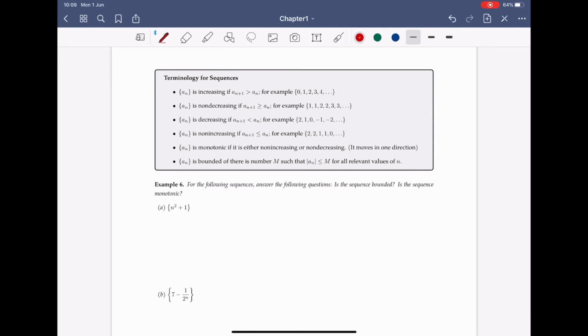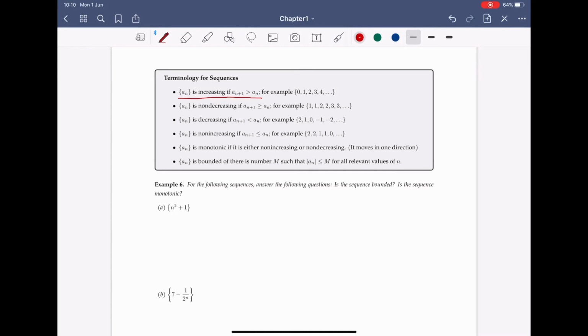What you have seen in the box is a formal definition. A sequence an is called increasing if an plus 1 is bigger than an. For example, 0, 1, 2, 3, 4, and so on. The idea of increasing and decreasing is super easy.